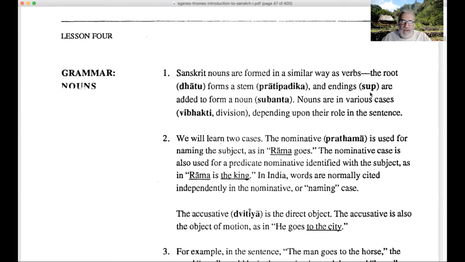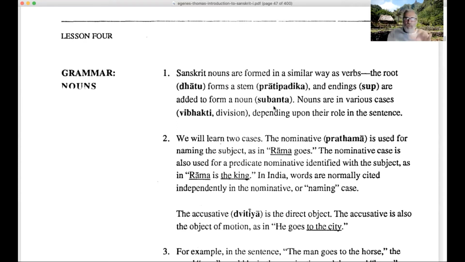Now, they're added to form a noun, subanta. Subanta sounds like sup. If we get sup and we add anta, anta means end, like Vedanta. Vedanta means the end of the Vedas, the last part of the Vedas, the Upanishads. So if we add sup and anta, because of the A, the P turns into a B and it becomes subanta. This is a Sandhi. We haven't learned Sandhi yet, but we will.